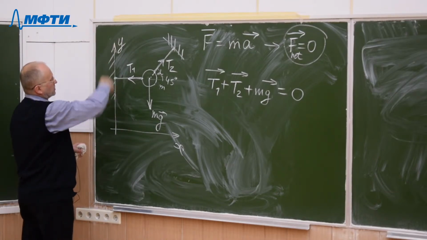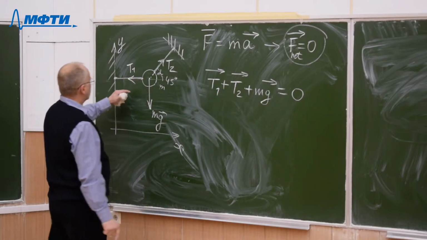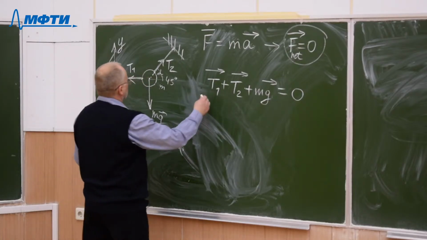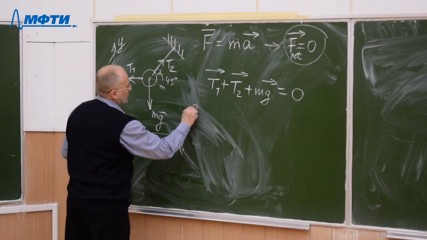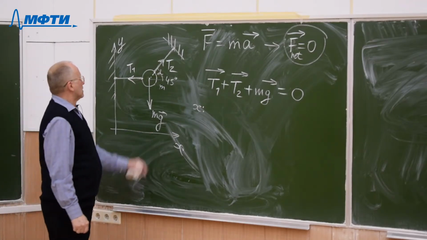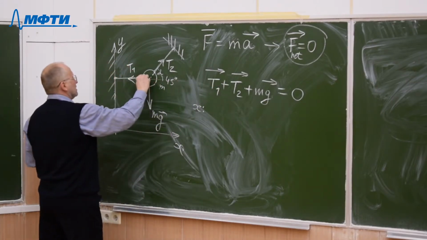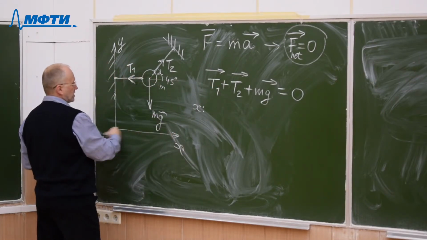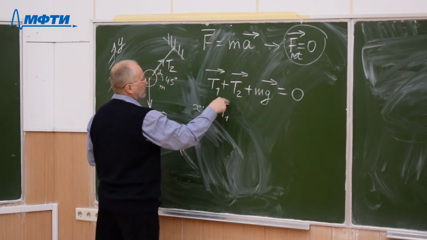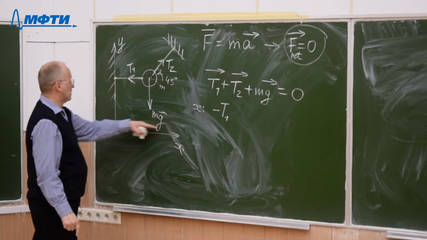Horizontal and vertical axes. And we can now consider the projection of each vector on the axis. So first, consider the projection on axis x. Vector T1 is directed in the negative direction of the x-axis, so its projection will be minus T1, the magnitude without any vector sign, along the x-axis.